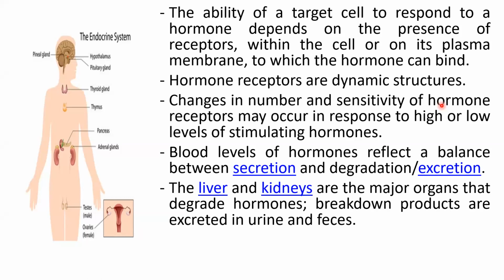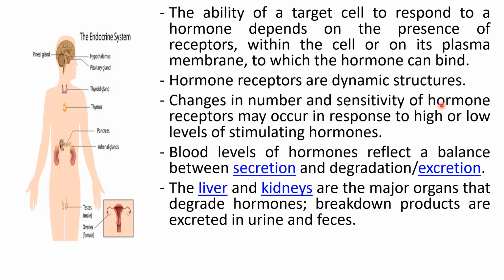So, whatever the secretion of hormones by these endocrine glands, according to the need, these hormones are released into the blood vessels, and the excess hormones, particularly when they reach the liver and the kidneys, the major organs that degrade the hormones, the breakdown products are excreted in urine and feces.